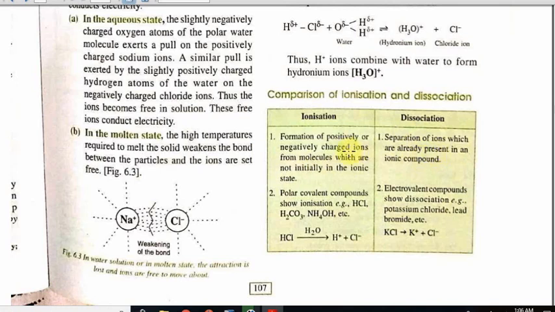In ionization, ions are not present. In dissociation, ions are always present. Polar covalent compounds show ionization. Polar covalent compounds do not show dissociation. Electrovalent compounds show dissociation. Electrovalent compounds do not show ionization.